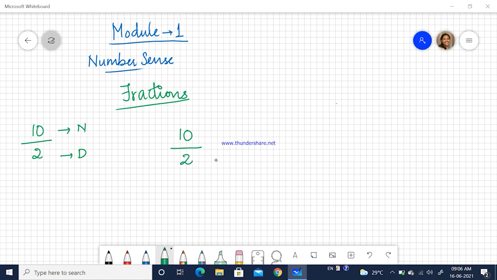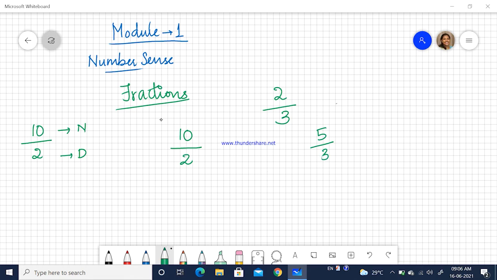So when a unit is divided into any number of equal parts, those parts are called fractions. When 2 is divided into 3 equal parts, it is represented by 2 by 3. If 5 is divided into 3 equal parts, it is 5 by 3.